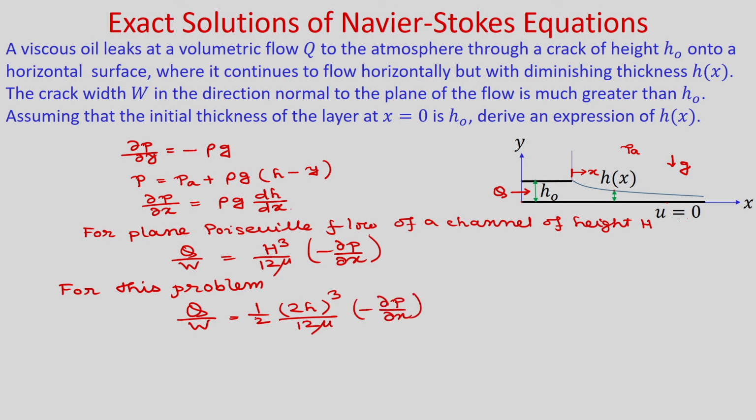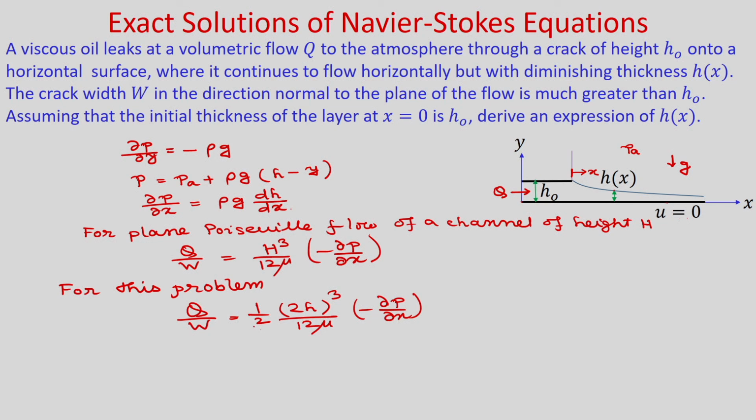So, half we are writing because we are considering half thickness. So, volume flow rate will be half. So, that is your half, and plane Poiseuille flow of a channel of height capital H, it is h cube, but in this particular case it will be 2 h. So, we are writing 2 h cube by 12 mu.